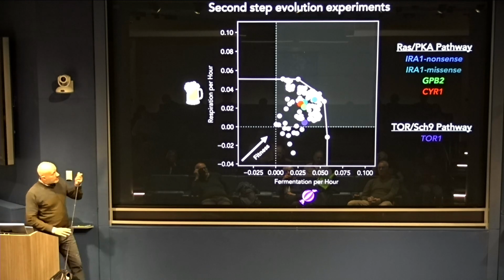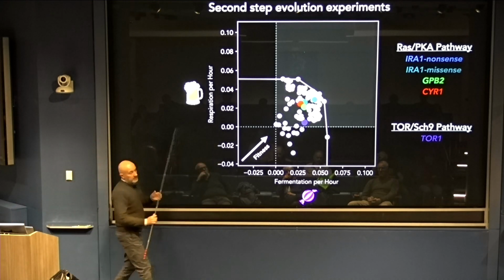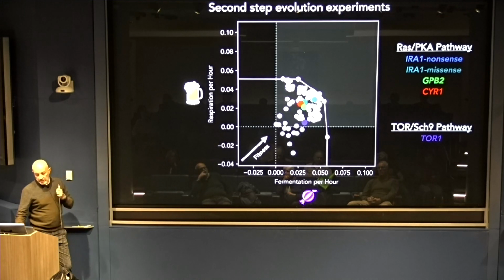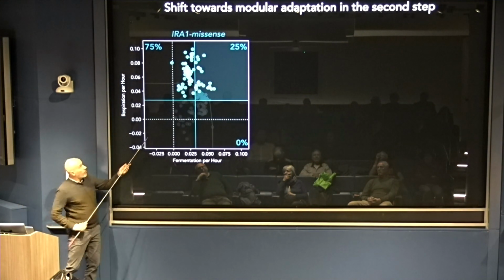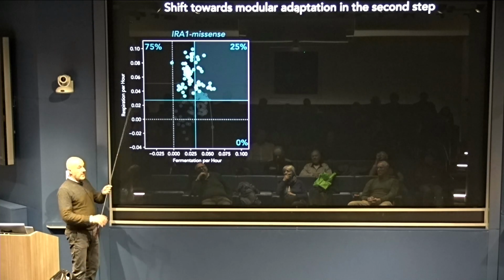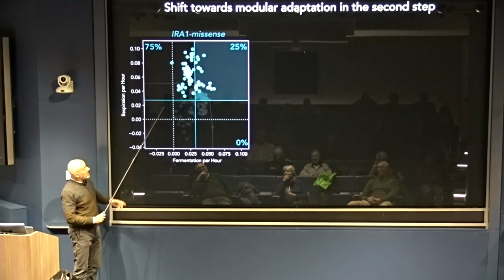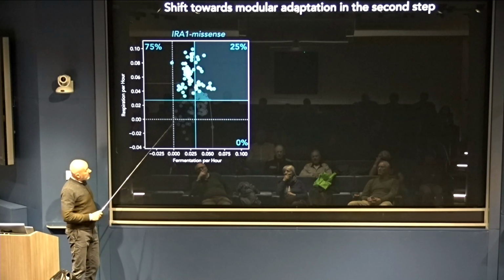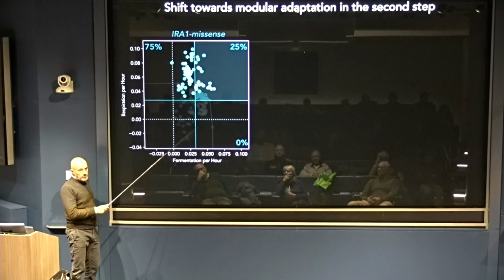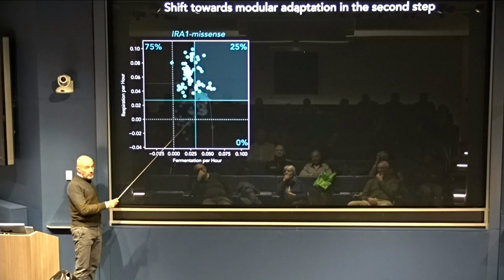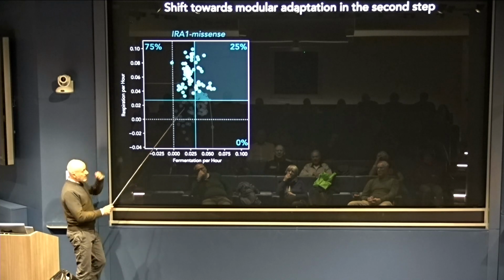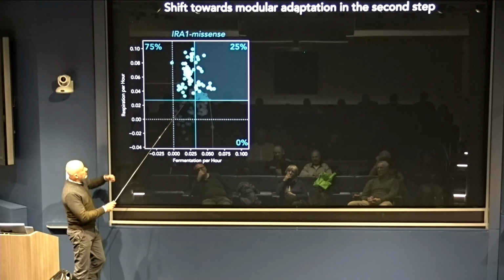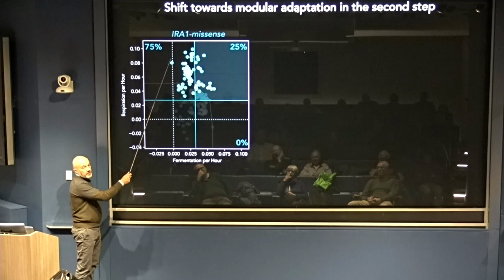And if you're going to evolve, you might be able to evolve only along one axis. So we did it, and we took 5 different starting points and redid this experiment. This is IRA1, one of the negative regulators of RAS. In the first step, something like 86, almost 90% of mutations were improving both. But when we look at IRA1 missense, the second step from that starting point, the majority of them just went up.